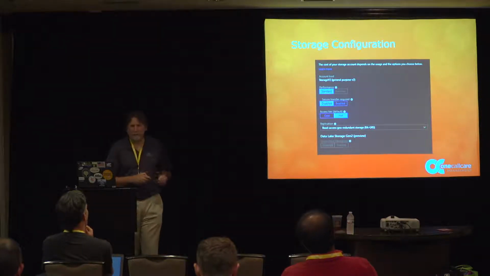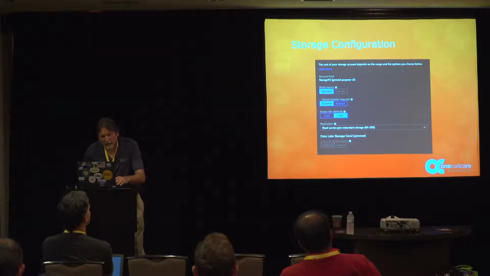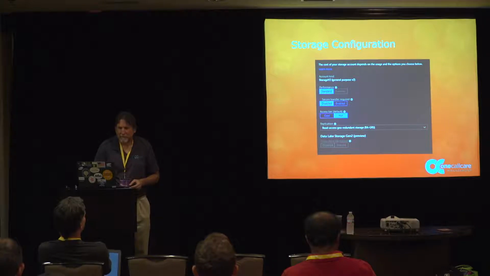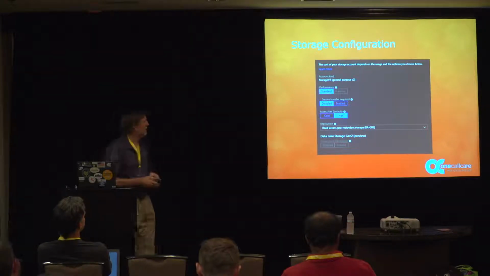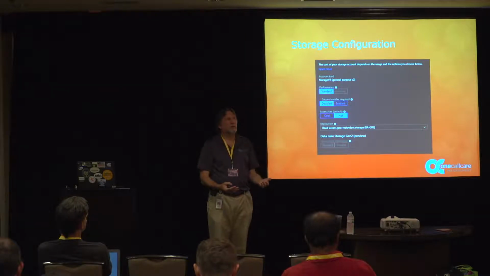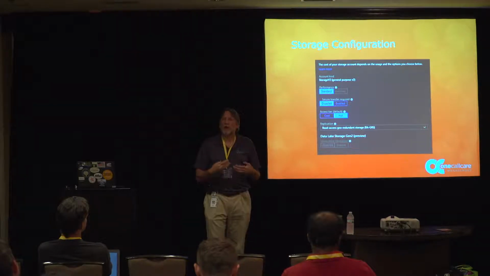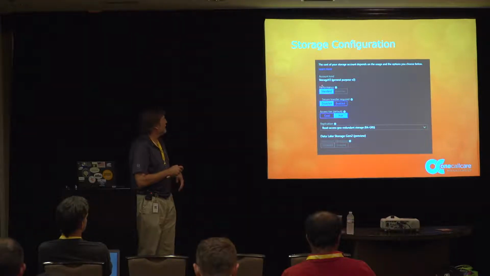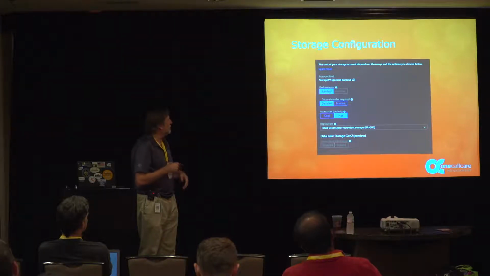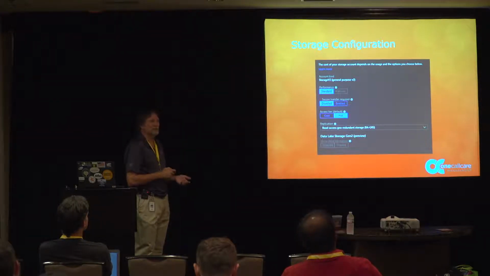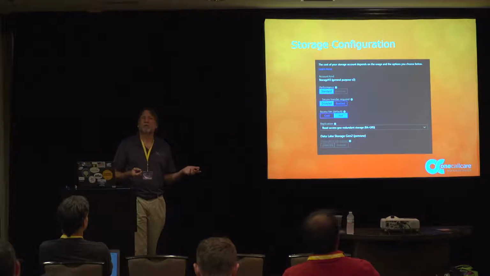And this one probably no one can see. So let me see if I can make it a little better. What this is showing is even within your storage system, you have different options that you can check. And you can see here, it's saying V2 storage, general purpose, performance, again, pricing tier.